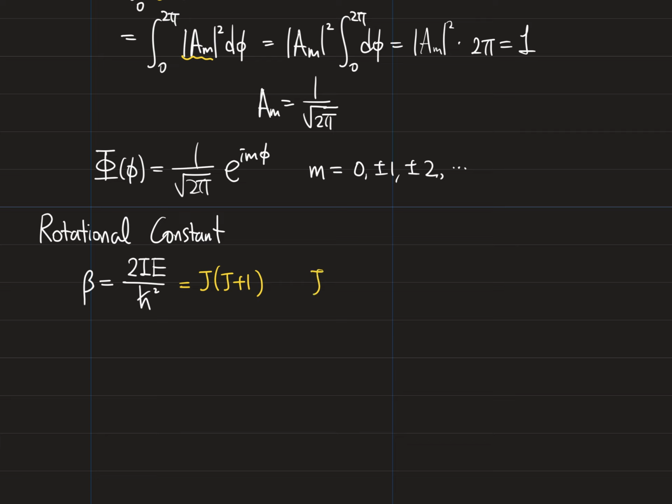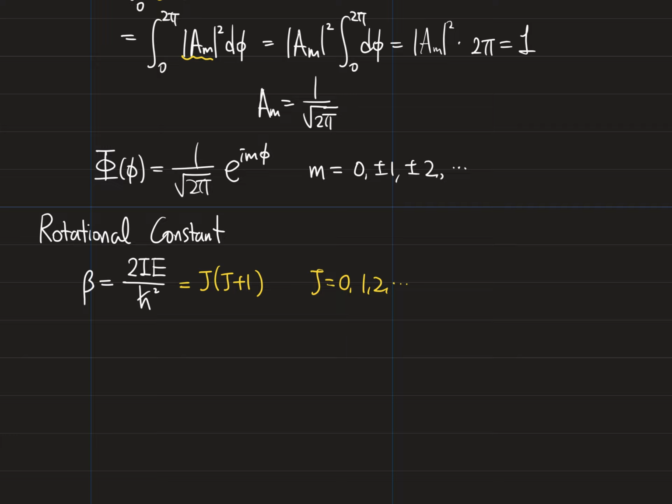So J should be 0, 1, 2, etc. This looks very random, right? You don't quite understand why beta should be equal to J multiplied by J plus 1. Even though it looks random, we are going to derive that relation later.